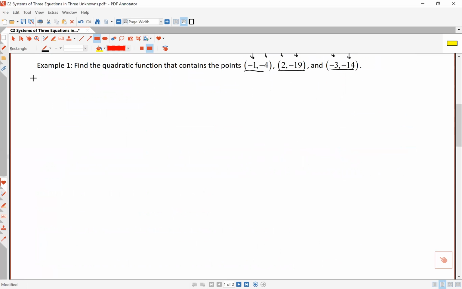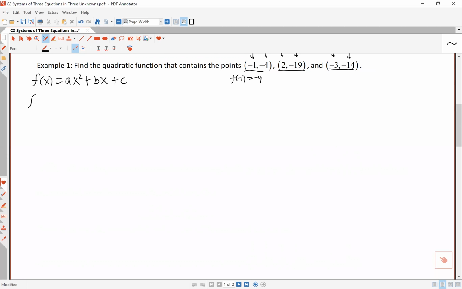We start off with our quadratic function in the most general form with our unknowns a, which is in front of the x squared, the b, which is in front of the x, and the c. And the first point, -1, -4, tells us that f of -1 is -4.